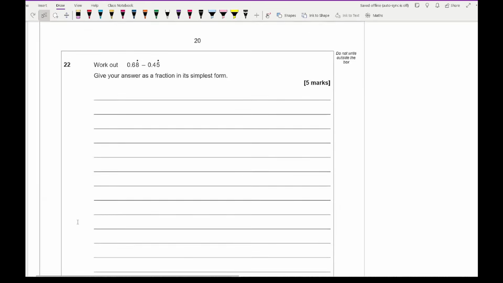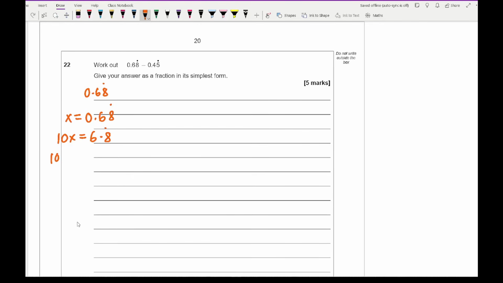Then moving on to question 22, it says work out 0.68 recurring minus 0.45 recurring. Give your answer as a fraction in its simplest form. So the first one, let's convert 0.68 as a fraction. I make it equal to x, then I multiply by 10, in which I get 6.8 recurring.